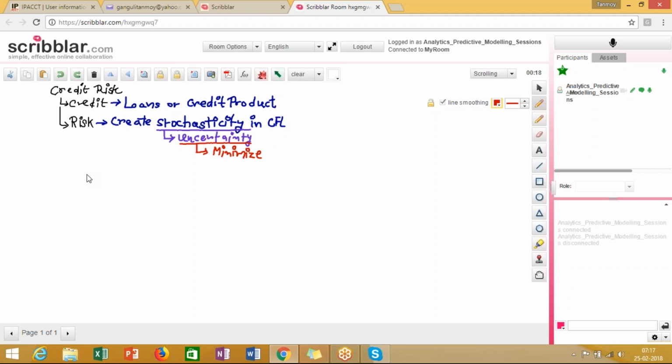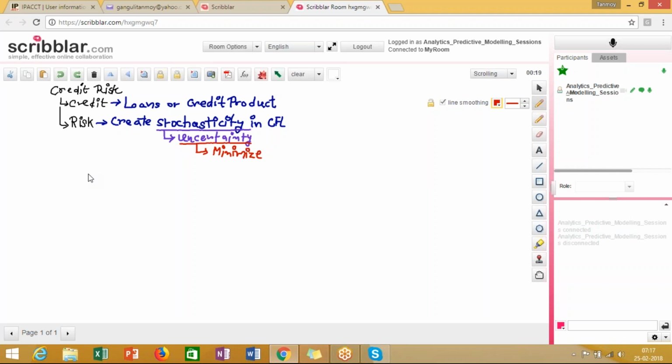Now, this is a more risky segment, and hence the bank charges a higher rate of interest from this segment. Say for example, I deposit my money and the bank gives me 4% per annum, 4% rate of interest yearly. And using my money, it is lending out to some Mr. Malaya or to some Mr. Modi at 12% or 15%.